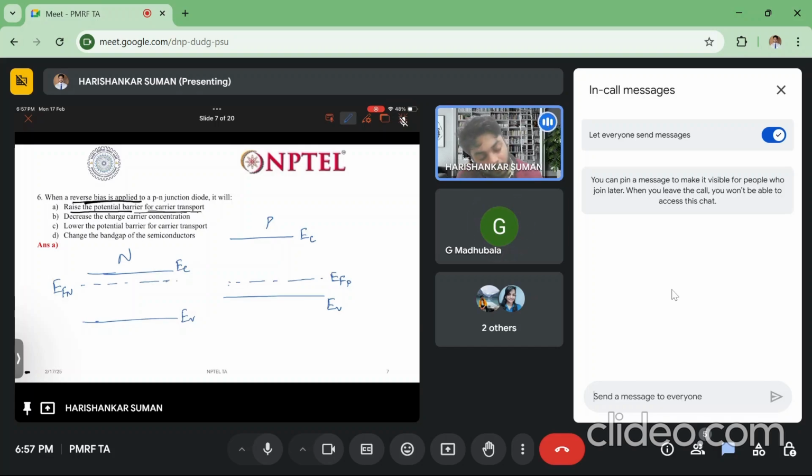Before biasing, particular n-type and p-type, what will happen? They make a p-n junction diode. Only one Fermi level will be there if equilibrium is there.